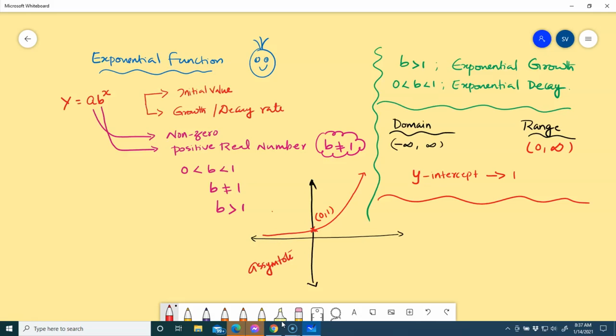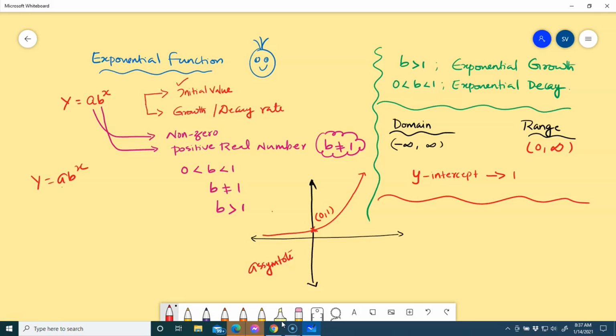I said y = ab^x is the general form of an exponential function. a represents the initial value and b represents the growth factor or the decay factor.